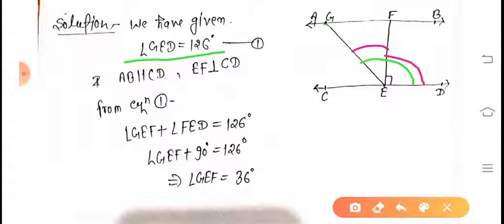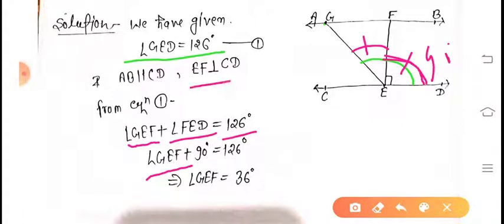So angle GED can be written as angle GEF and angle FED, equal to 126, and angle FED equals how many degrees? 90 degrees, because it is perpendicular to CD. Therefore 126 minus 90, and after subtraction we get angle GEF equal to 36 degrees. Clear?